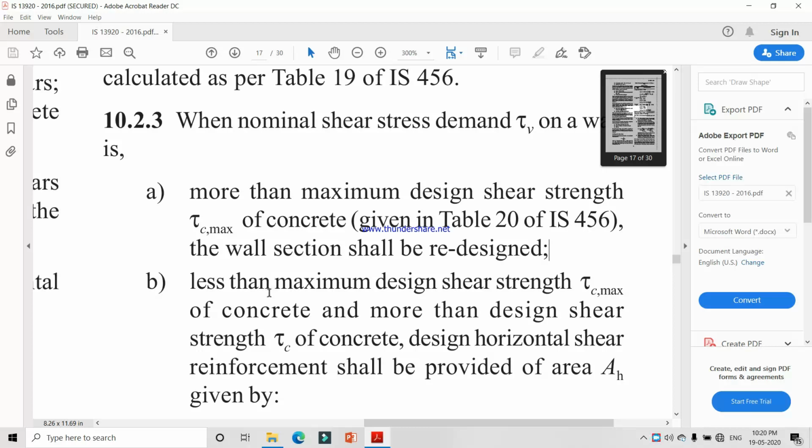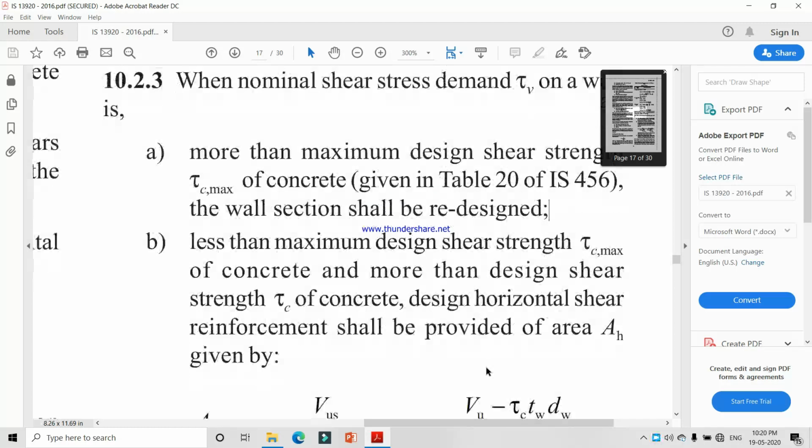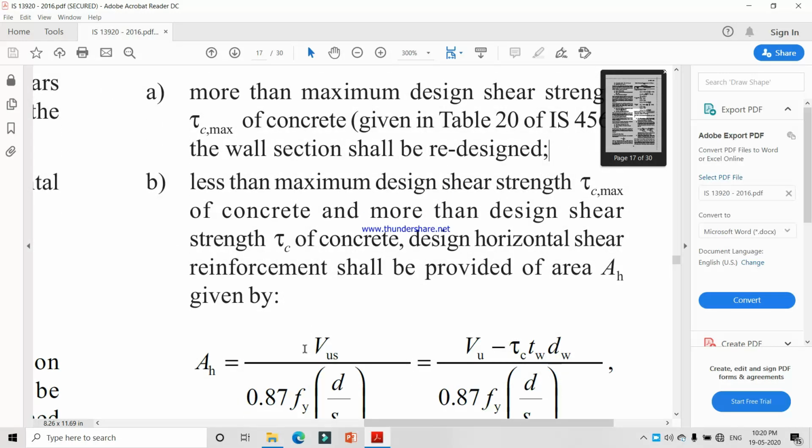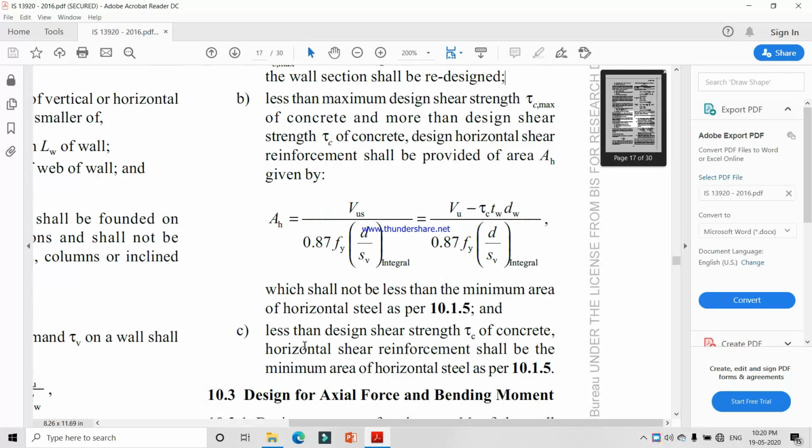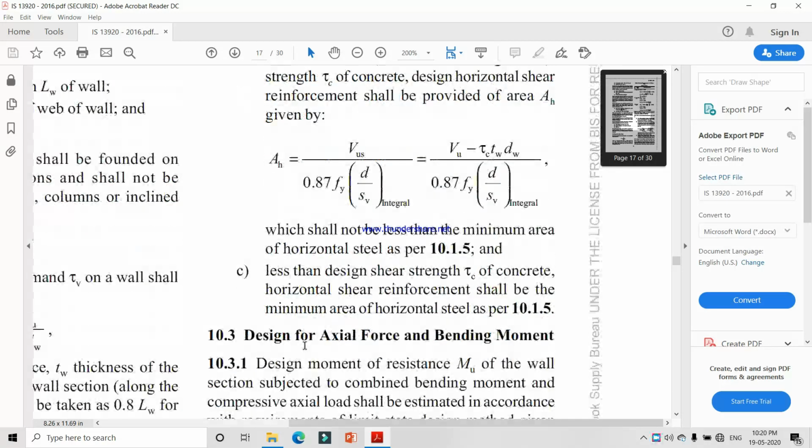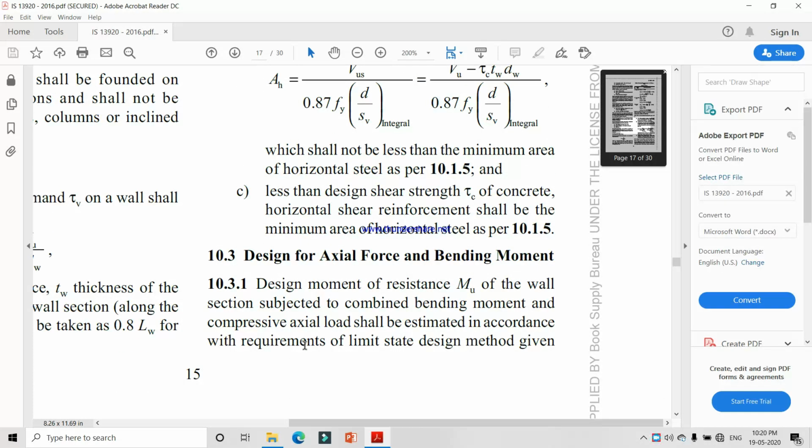And second, for design shear strength, design horizontal shear reinforcement shall be provided. We can provide additional shear reinforcement to achieve the designed shear strength tau C of the concrete area.